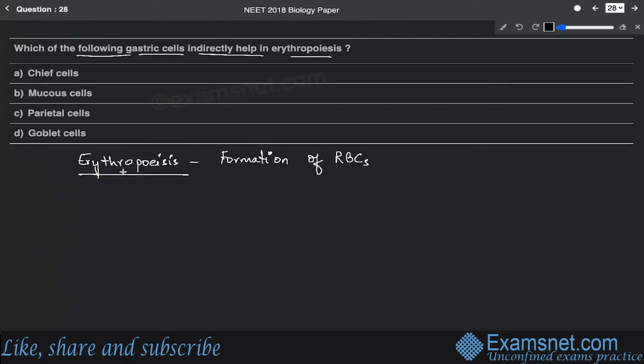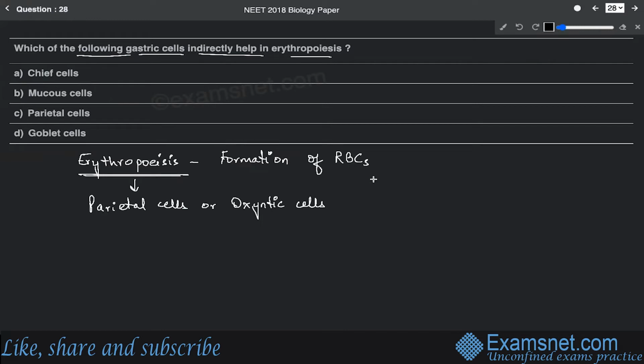Now, for this erythropoiesis, the cells which are responsible for it are the parietal cells, which are also considered to be oxyntic cells. So parietal or oxyntic cells, we know that these cells are a source of HCl, and along with that there are some intrinsic factors also being released in the body.